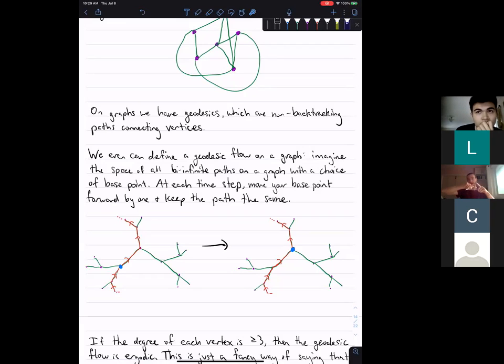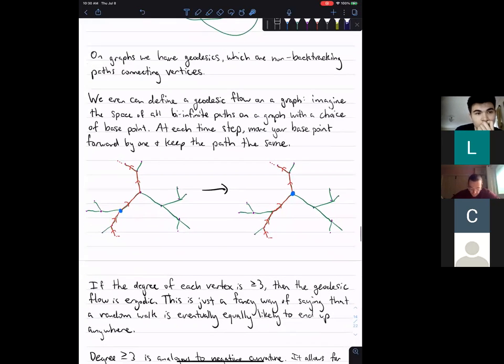These are going to be bi-infinite directed paths on a graph, together with a choice of starting point. Imagine I have some big graph, and here I have some infinite path on the graph, together with a midpoint. Then for my geodesic flow, if I take one step, all I'm going to do is move my base point forward by one step. So here is a new point in my tangent bundle under the geodesic flow of this point.